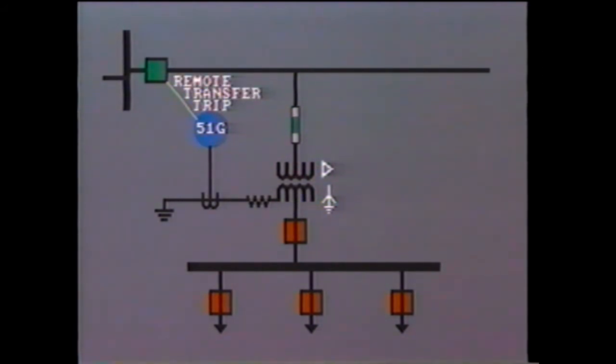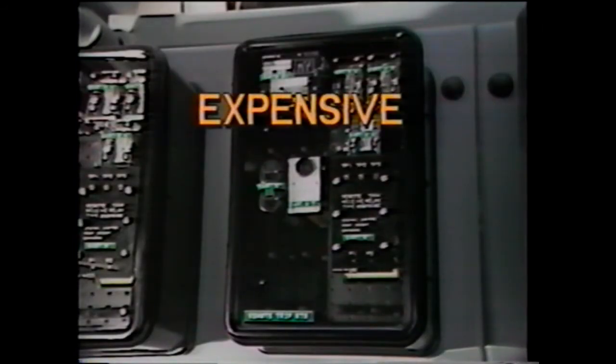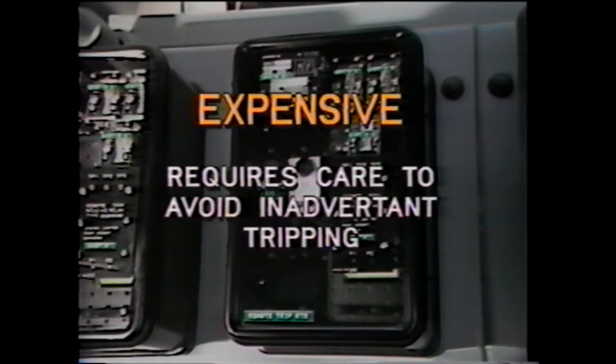This is known as a remote transfer trip signal transmitted over power line carrier or on a telephone circuit or microwave circuit. This method is quite expensive, and special care needs to be taken with the installation so as to avoid interference from outside signals which may cause inadvertent tripping.